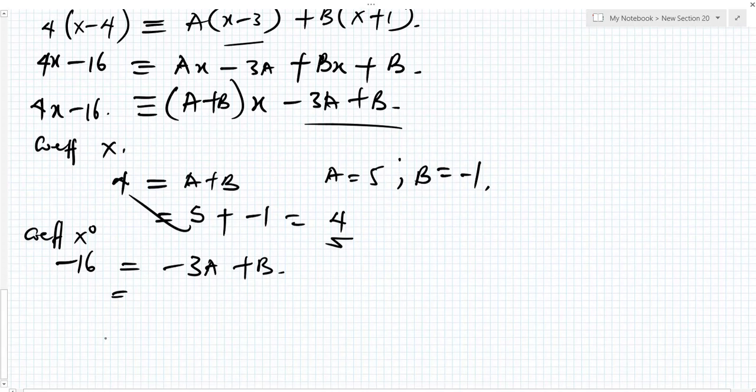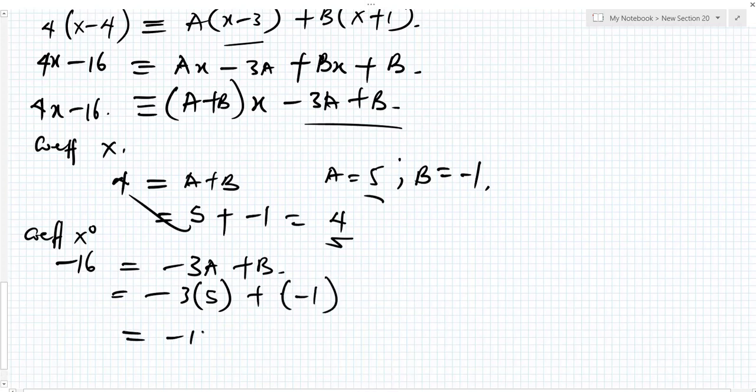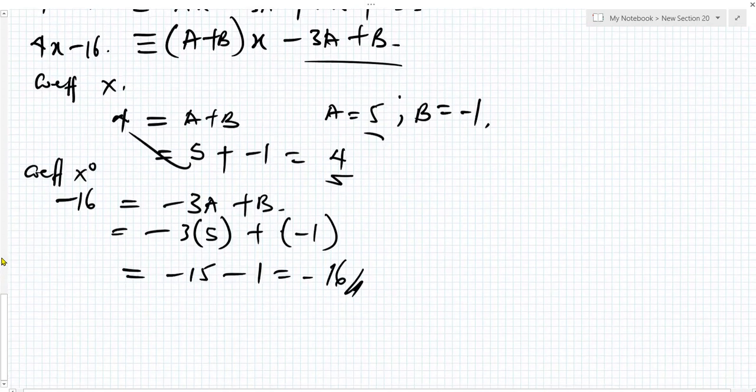Now if you substitute a equal to 5, you have minus 3 times 5 plus b, which is minus 1. So you have minus 15 minus 1, which is minus 16. So correct.